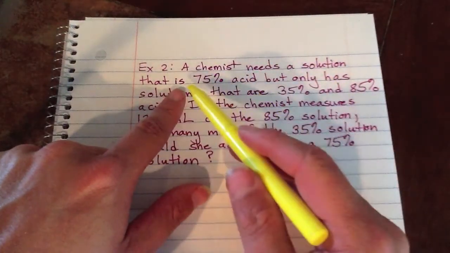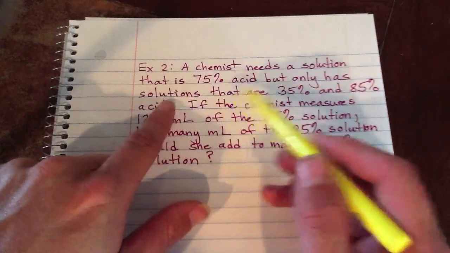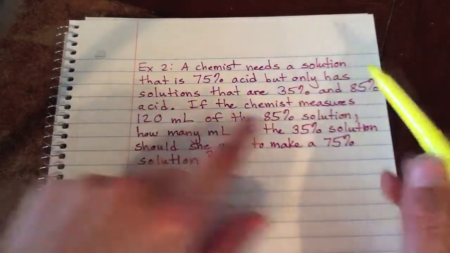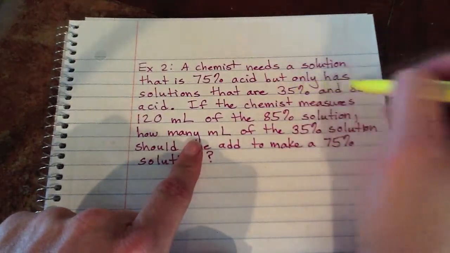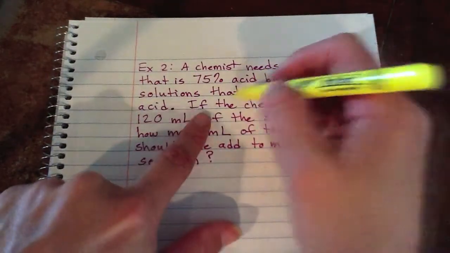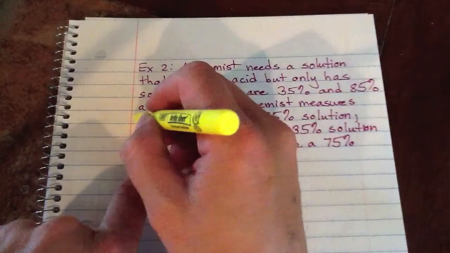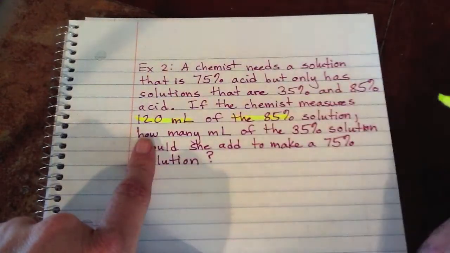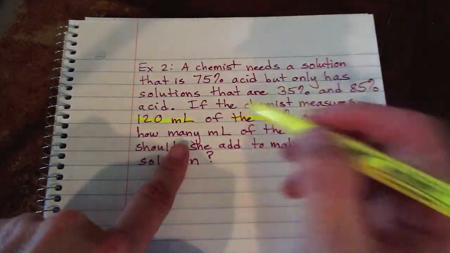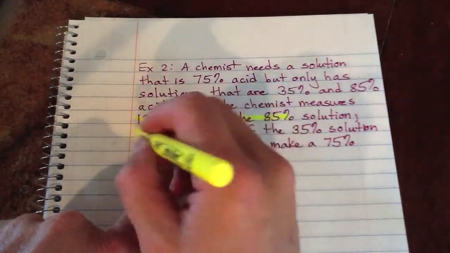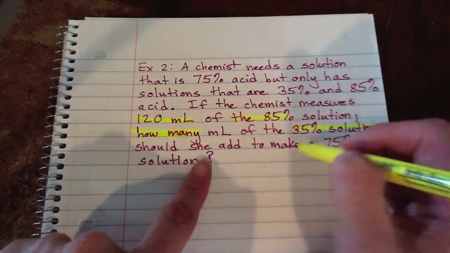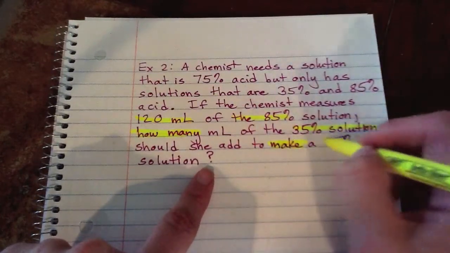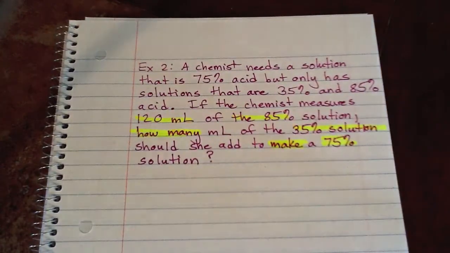So the total needs to equal the 75%, but has two solutions that are 35 and 85. So these are the items that are going to be mixed. If the chemist measures 120 milliliters of the 85%, how many, there's your key, how many milliliters of the 35 should she add to make a 75% solution?